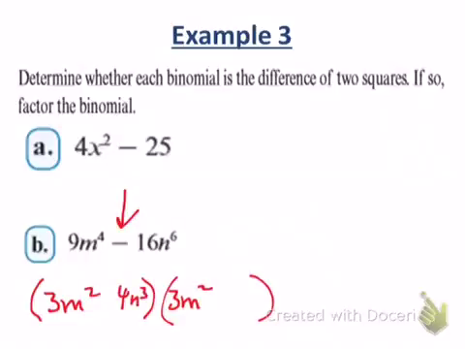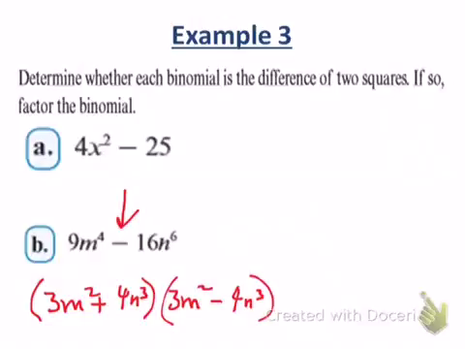And these have to be conjugates. Positive, negative. When you multiply, you add exponents. So n to the 3rd times n to the 3rd is n to the 6th. Pretty easy, right? Once you figure out what the perfect square of each is, it's the same thing, except we just have to make sure one's positive, one's negative. They have to be conjugates. Okay.